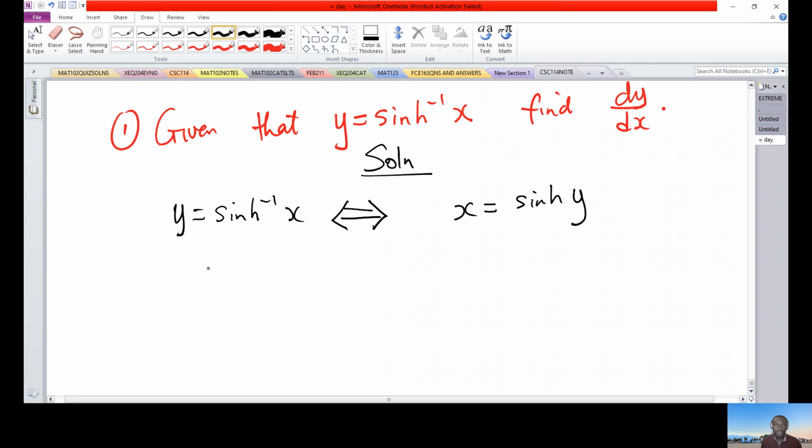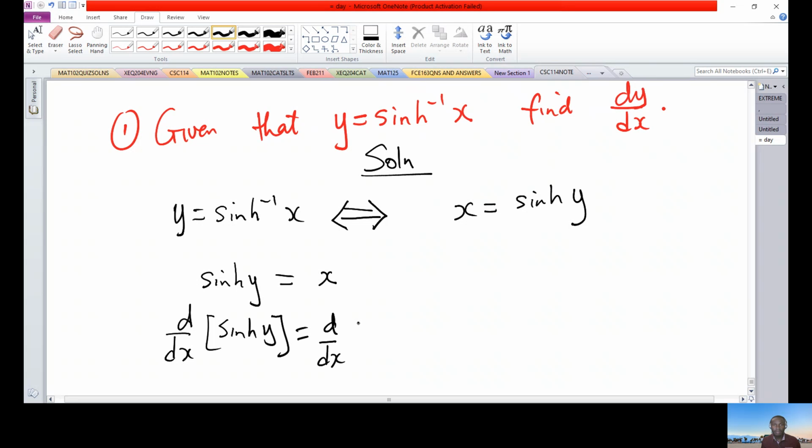So therefore we have this function: hyperbolic sine of y is given by x. The next step, you introduce d/dx on both sides. So you say d/dx of hyperbolic sine of y is given by d/dx of x.